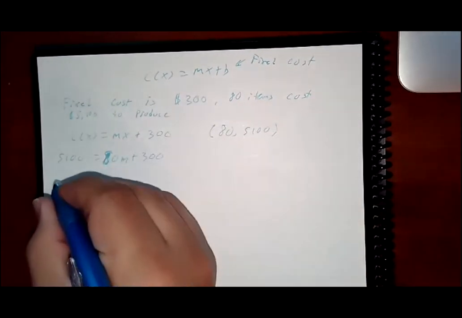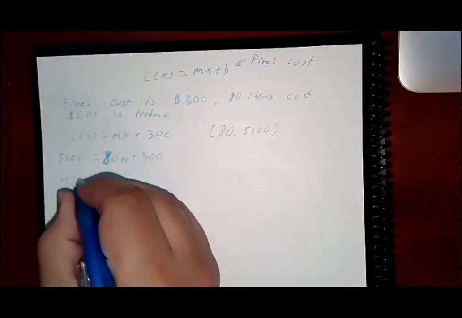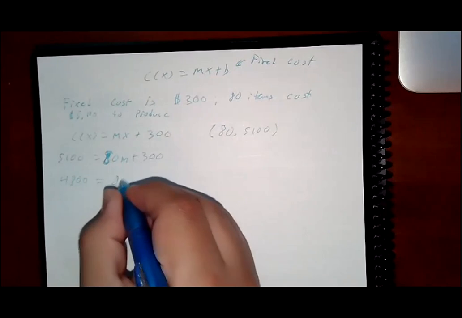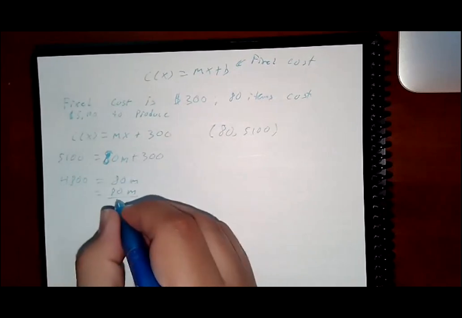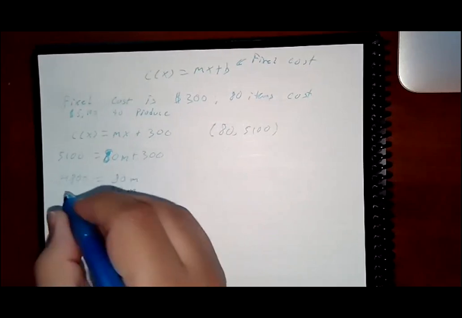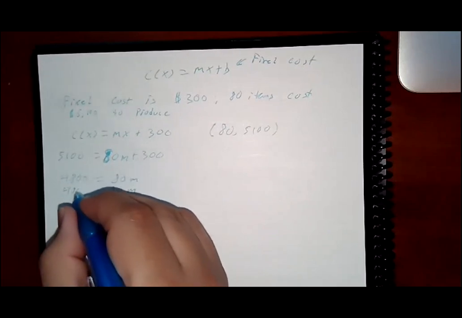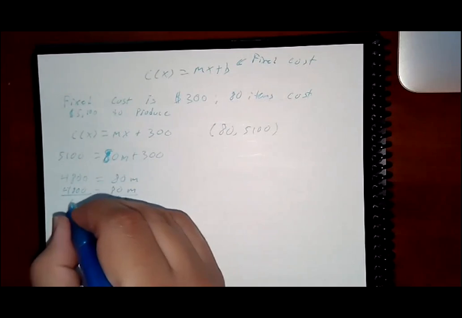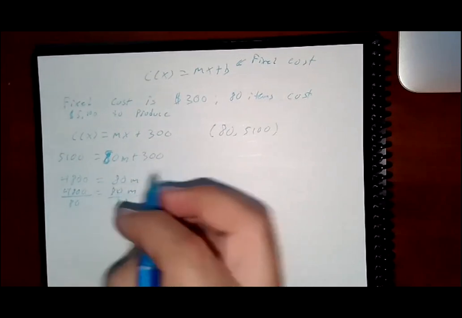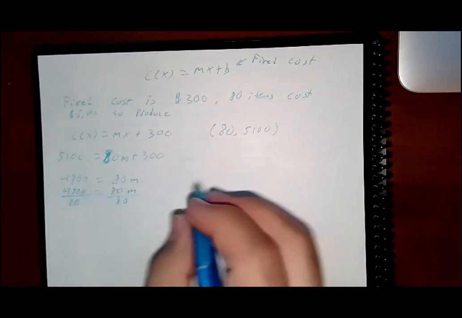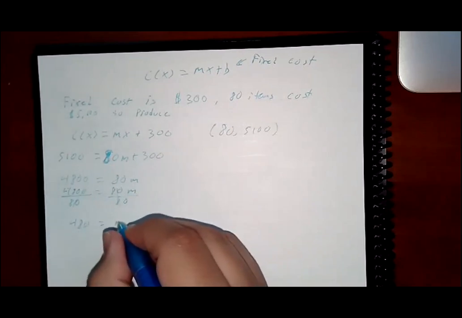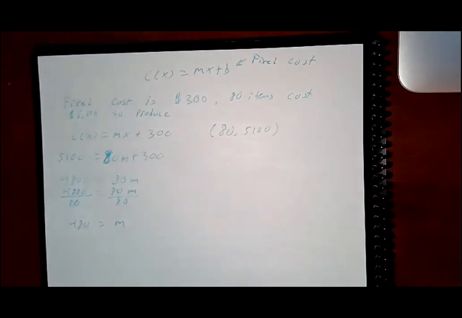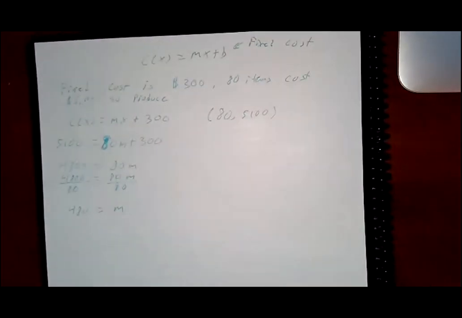Subtract the 300, that'll be 4,800, right? 80m equals 4,800, divide by 80, and we'll have our m. There we go. m is 480.